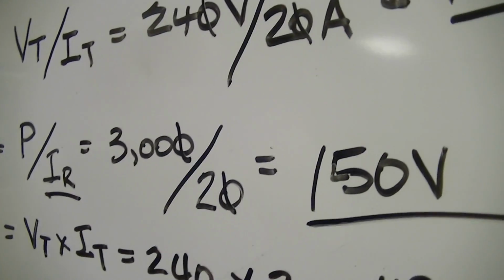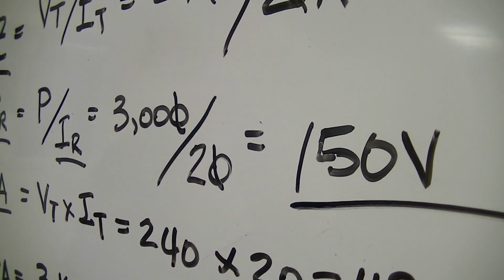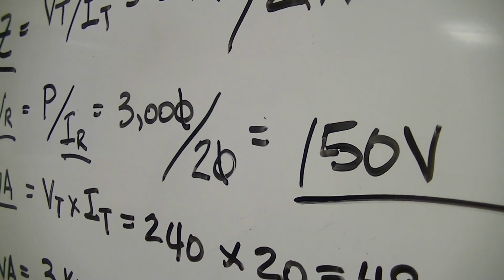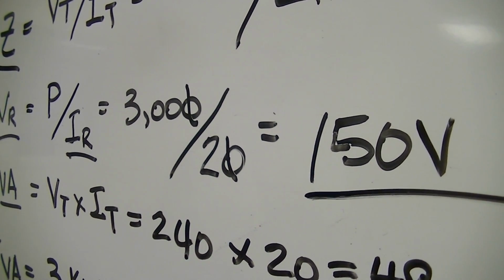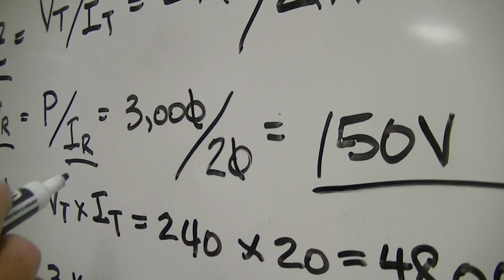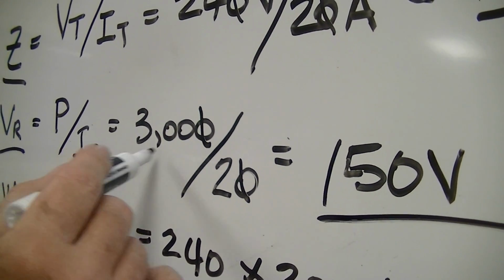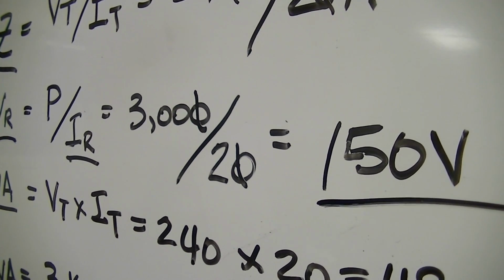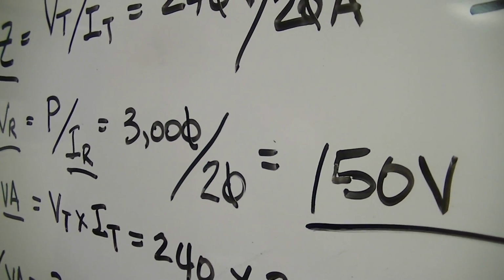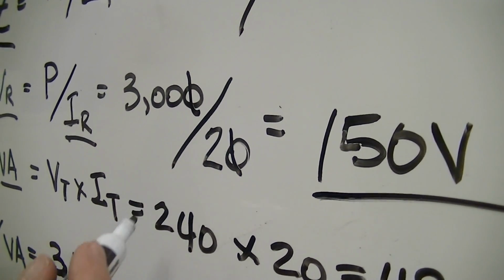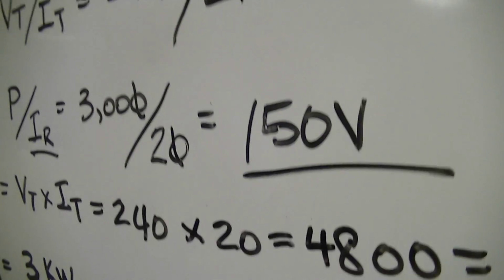And when we plug those two values in there, that's the true power, which is P, divided by the current through the resistor. 3 kW, K stands for 1,000, so it's 3,000 watts divided by 20 amps, all right?